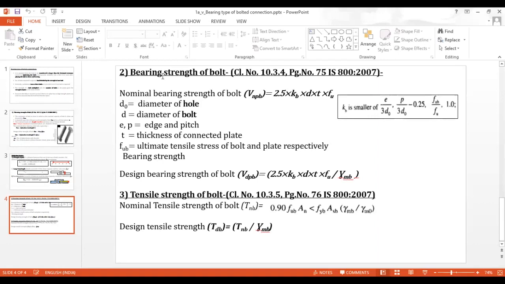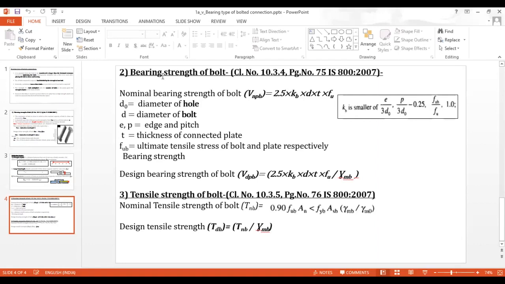The design tensile strength TDB is equal to TNB upon gamma mb, where gamma mb and gamma m0 are nothing but the partial factors of safety.